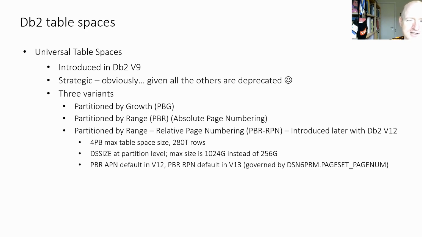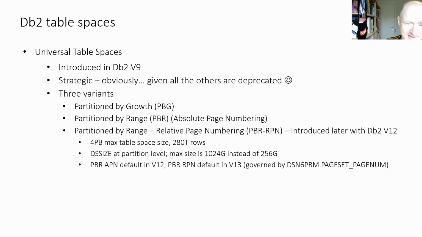The relative page numbering has some advantages. First, you can have pretty large table space types, so they can grow to 4 petabytes. You can have quite many rows in those tables. I'm not saying that you won't run out of space at some point in time, but it'll probably take a couple of years before you reach tables of that size.